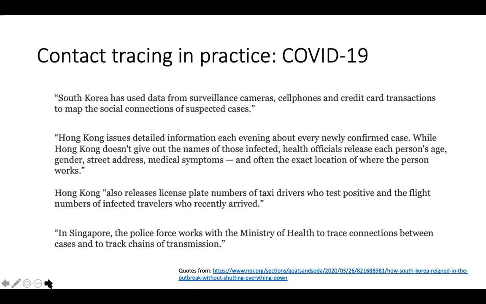Hong Kong released detailed information about each new confirmed case, including the location of where the person potentially worked, the license plates of taxi drivers who tested positive, as well as flight numbers of people who recently arrived and tested positive. A lot of this was happening at maybe a more population level, but this is what I would consider within the realm of contact tracing.